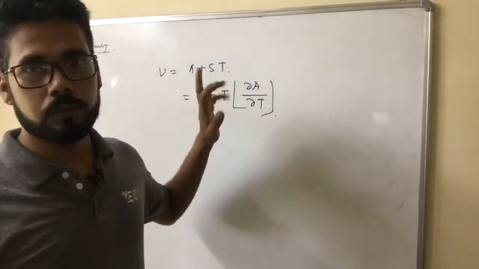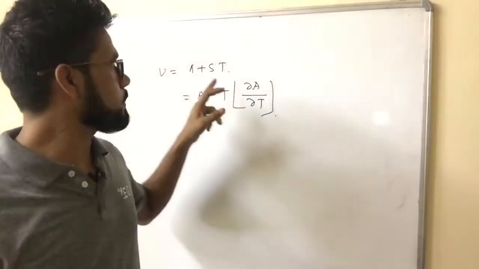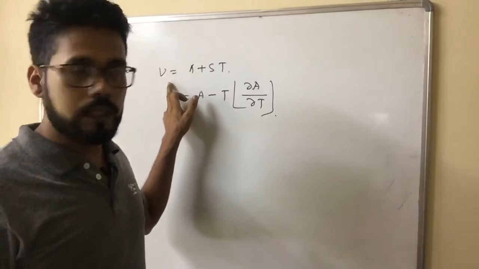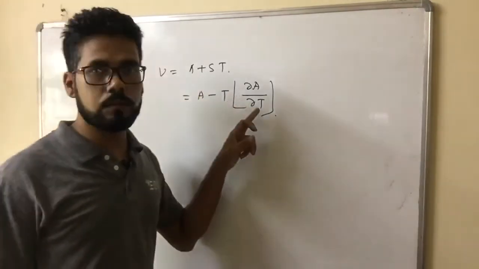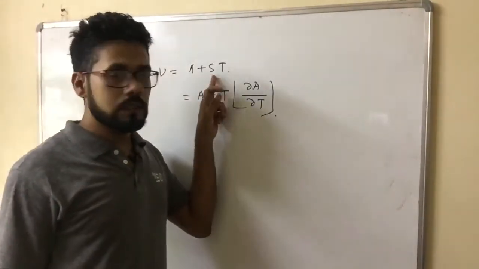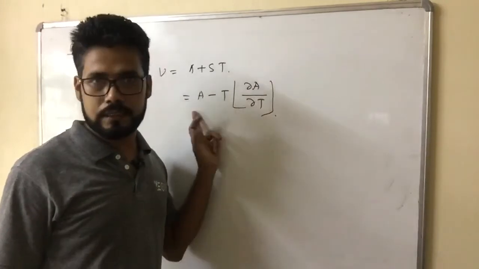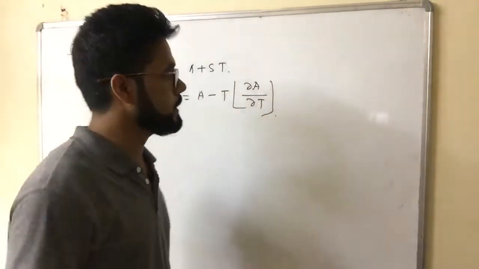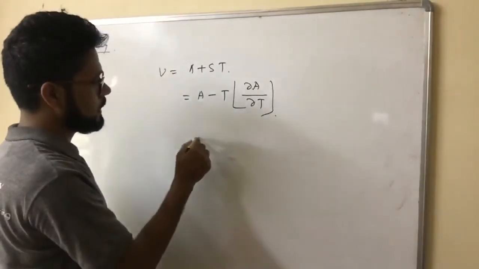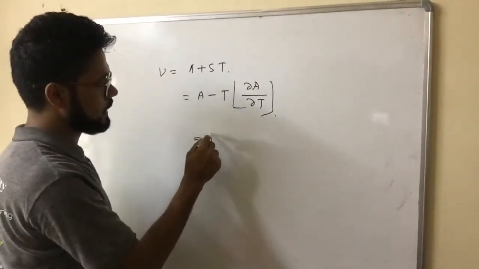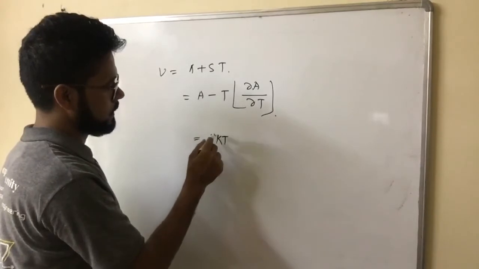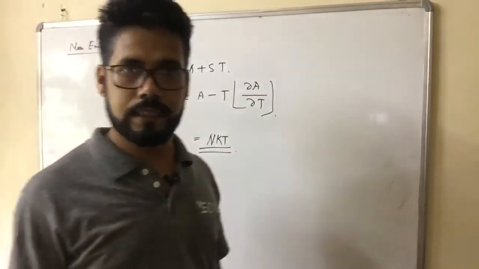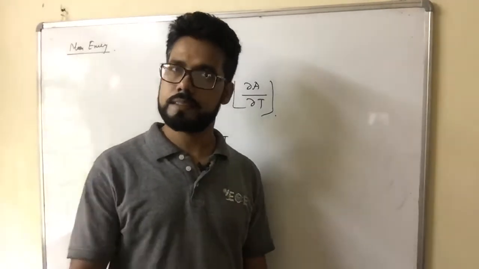Then you have to use this formula. Otherwise you have to find free energy, then entropy, then mean energy. So instead of calculating entropy, you put the entropy in terms of free energy, then one term is no need to calculate. Free energy I have already calculated. If you calculate this one, you will again get NKT. NKT is the mean energy of a classical one-dimensional oscillator of N systems. Remember.